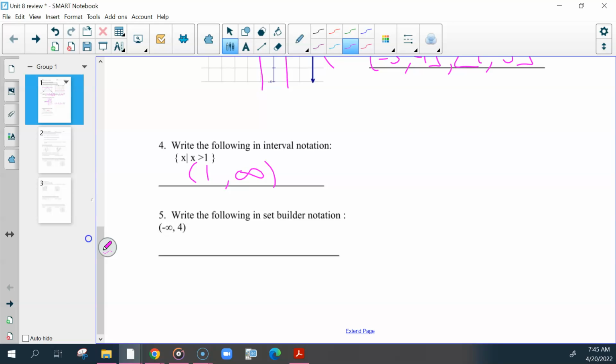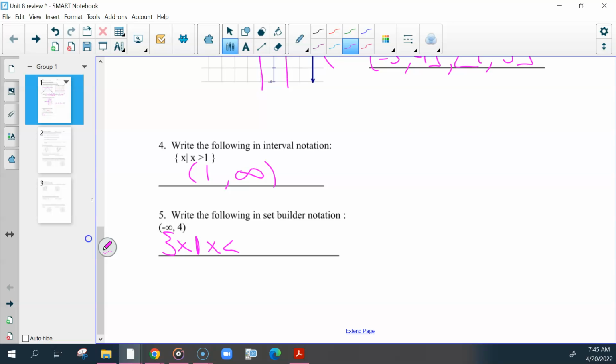And then for number 5, writing this in set builder notation, let's say this is for x, it could be for y, it doesn't matter. This starts at negative infinity and goes to 4. So this would be curly bracket x with this line. It's everything lower than 4, so this would be x is less than.